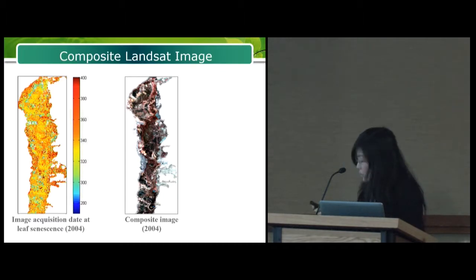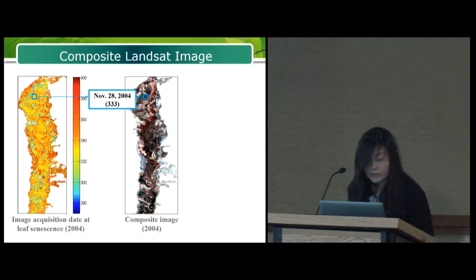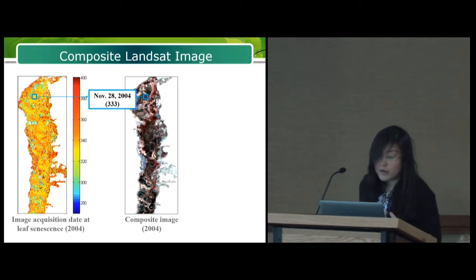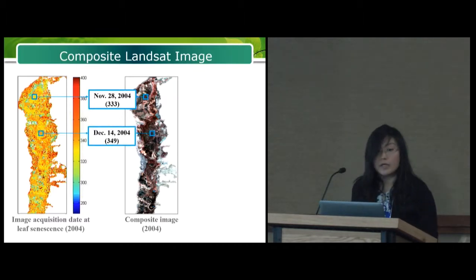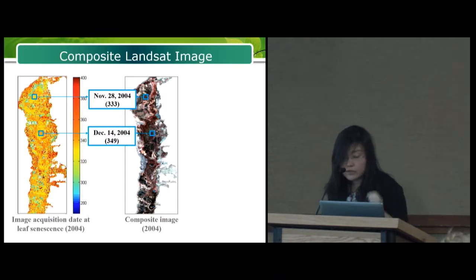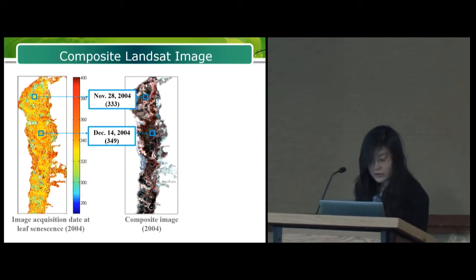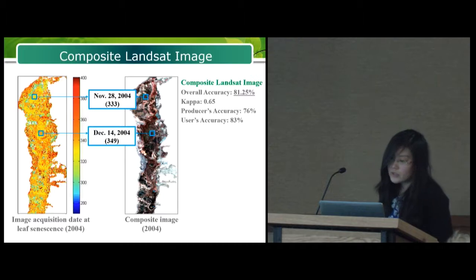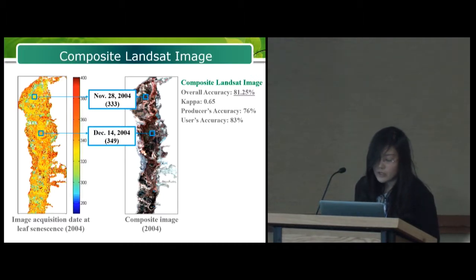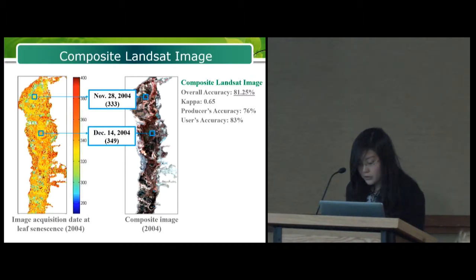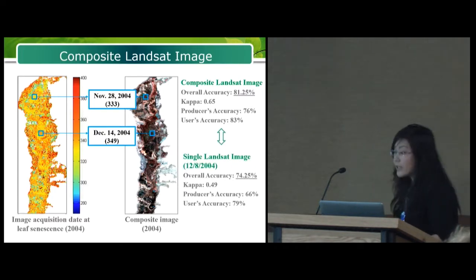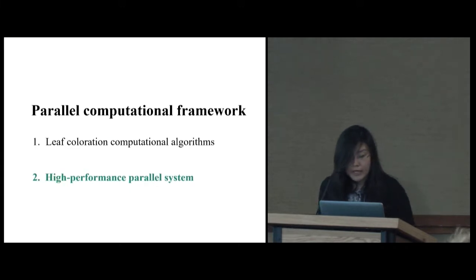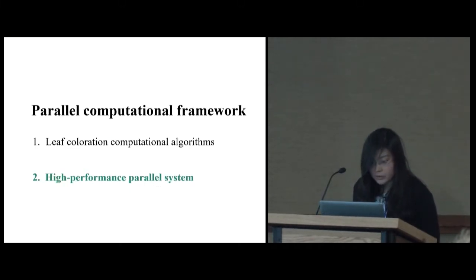When we generate the composite imagery, for one location we might use the imagery on November 28th, 2004, while for another location it might be a totally different date, in this case December 14th, 2004. When we use this composite Landsat imagery to train our machine learning models, we get significantly higher classification accuracy in detecting these species. So we are pretty happy with the models we have developed.